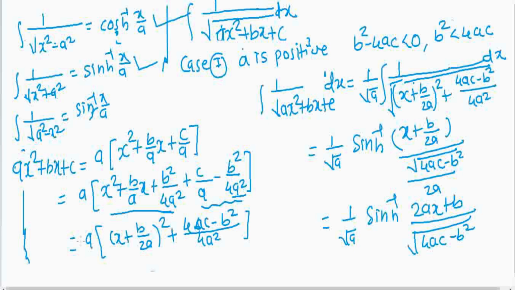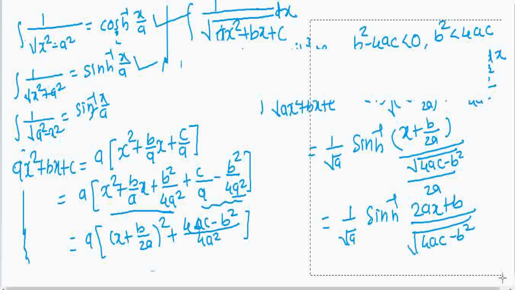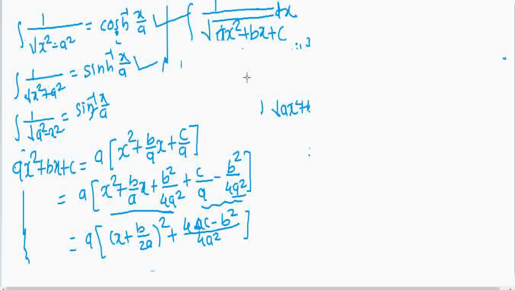Let me first clear this. A is negative, so whenever a is negative, we take minus a common. If we take minus a common, here you can see that this will be minus, minus and minus, so this sign will be minus.